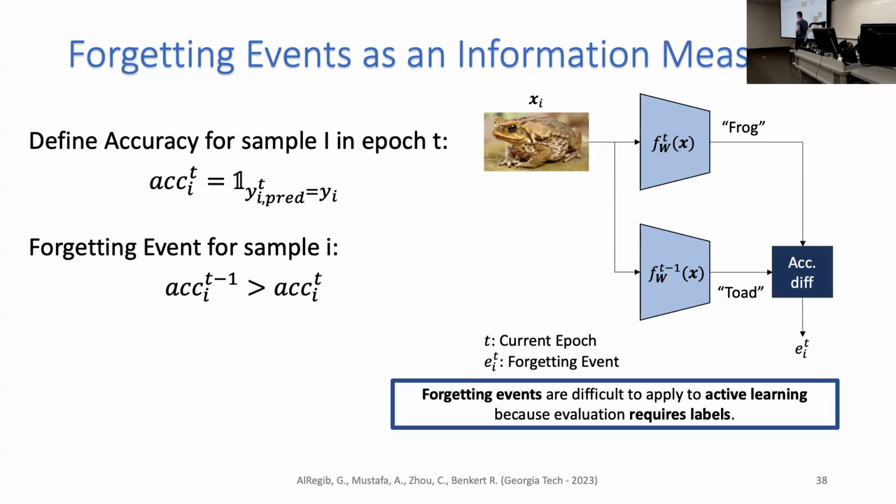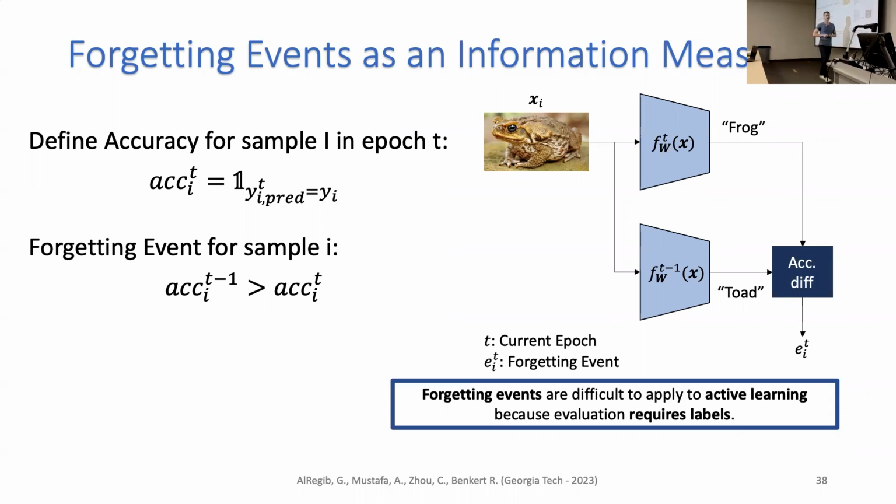If you have an accuracy at a time t, which is simply the notion that your true label is equal to the predicted label, that evaluates to 1. This is a binary variable that gives me the accuracy for that sample at a time t. It's 1 or 0, right?